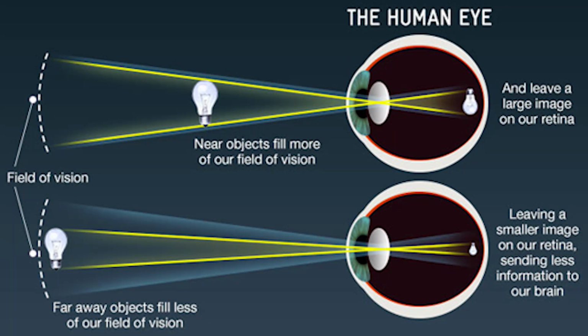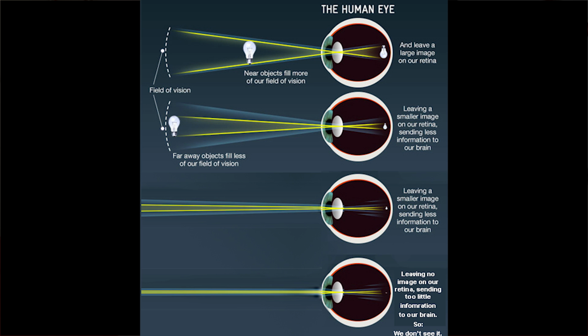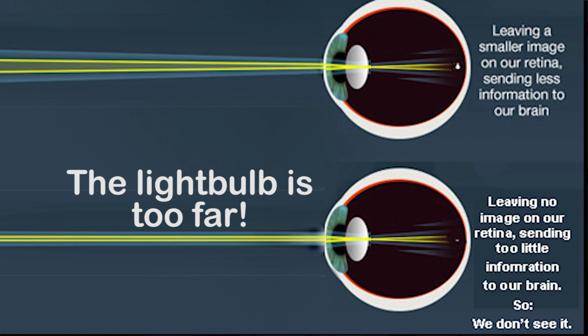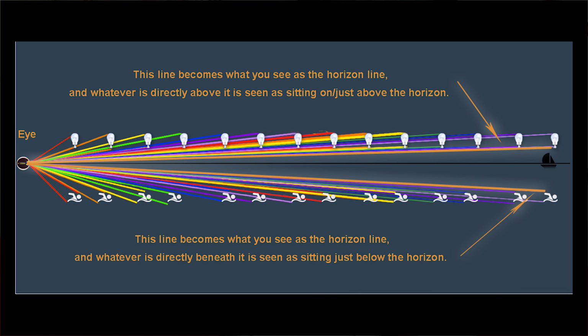Again, this has to do with how the light interacts with the lens of your eye and the round shape of your eye and all these things that just happen, so that the horizon is always going to be eye level because your eye is taking the light from up here and the light from down here around the hole in the middle of the eye and smushing it together in the middle, and then that becomes that horizon.